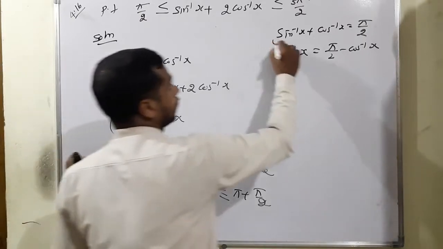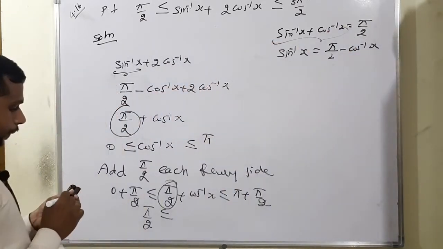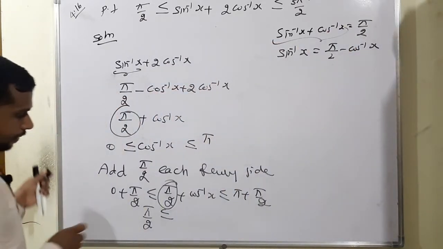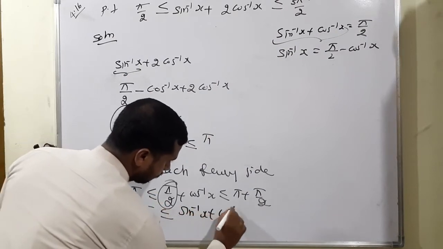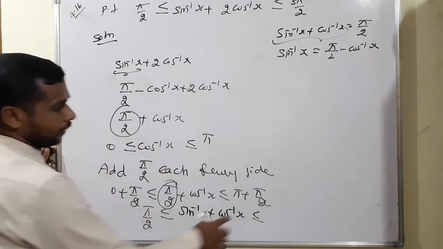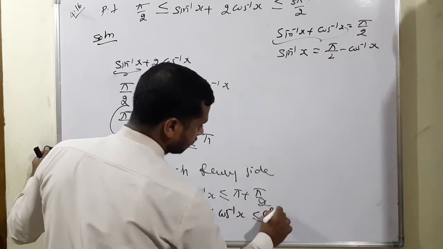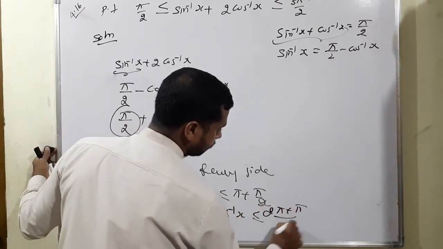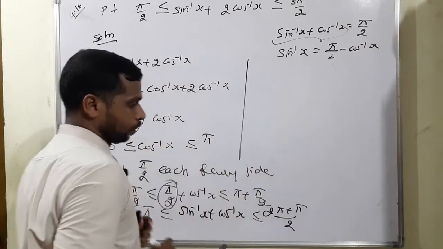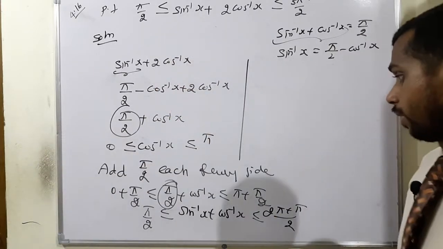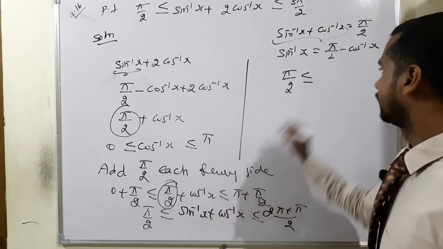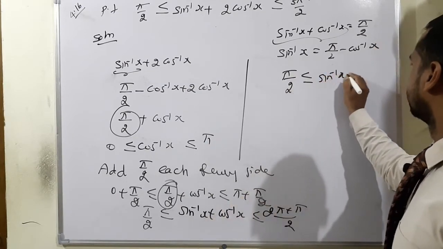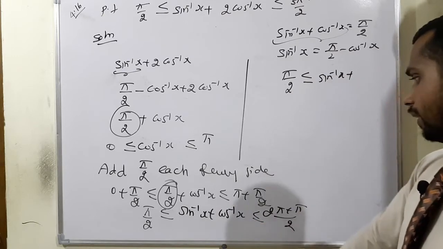instead of pi by 2 we can write it, what is the property? Sine inverse x plus cos inverse x, isn't it? Less than or equal to, 2 into pi means 2 pi plus pi by 2. So pi by 2 is less than or equal to sine inverse x plus cos inverse x plus cos inverse x.